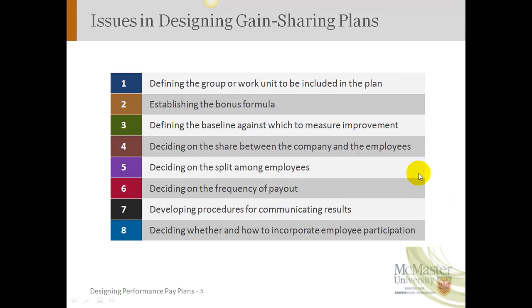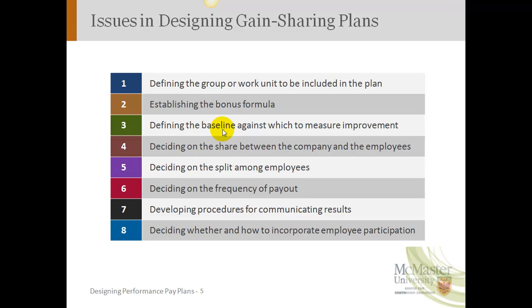The next thing we need to think about in terms of an issue is defining the baseline against which to measure our productivity improvements. So again, say under ImproShare we're looking at our labor costs per unit of output, we might want to look at what the baseline should be.